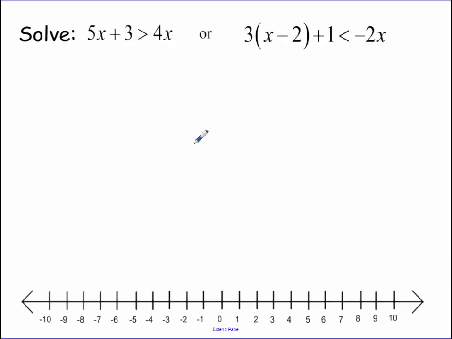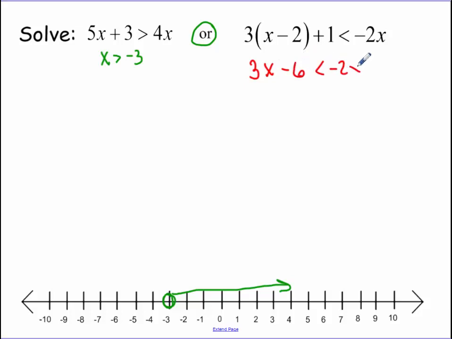Next example, solving our OR. I'm going to subtract the 4x over to get an x. I'm going to subtract the 3 over to the other side. Remember, this is an OR. So I am greater than negative 3. Now solve this inequality. I'm going to subtract the 1 over and distribute the 3 at the same time. I'm going to add the 2x over.